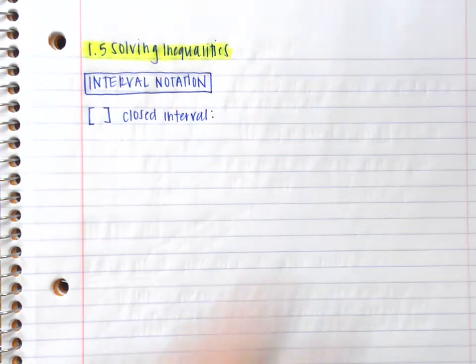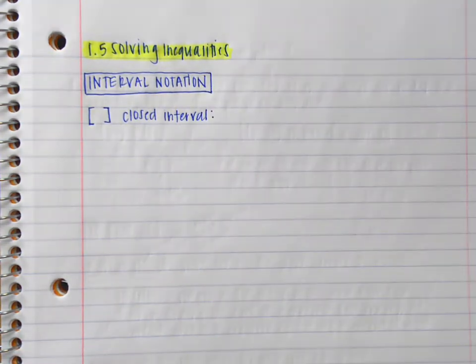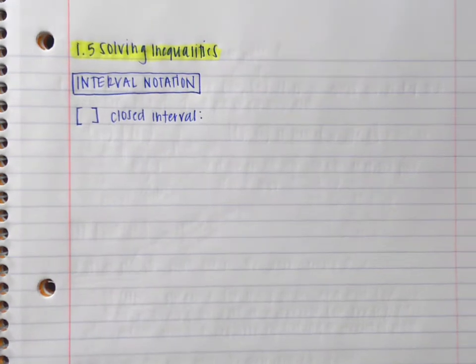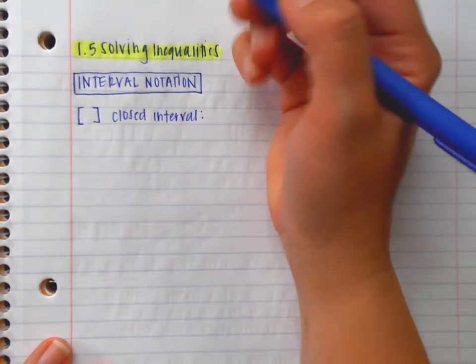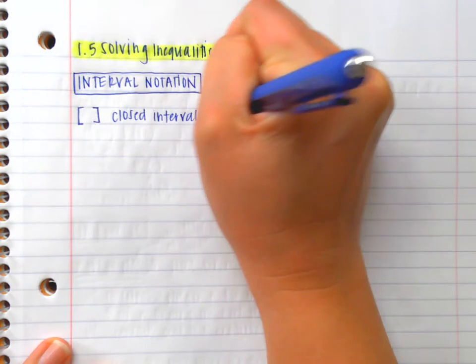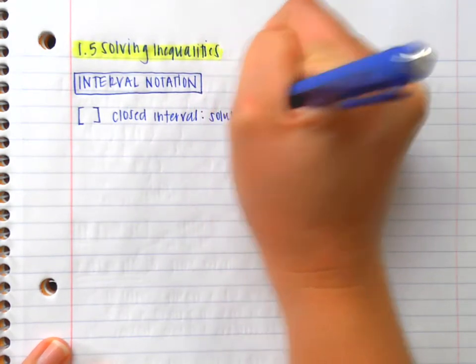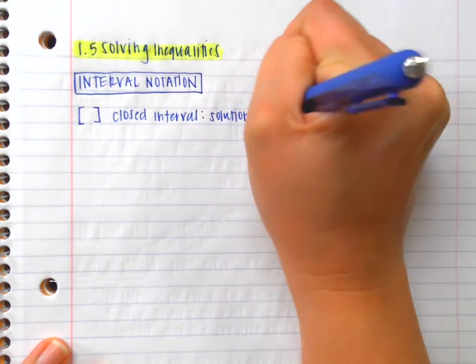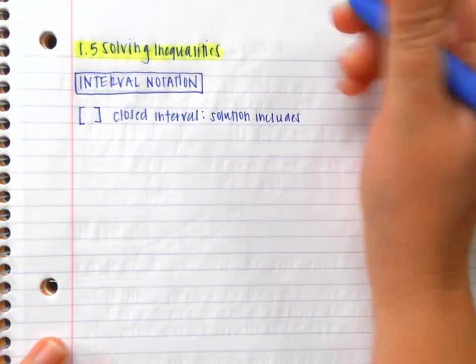And what that means in layman's terms is that the solution includes the starting number. So closed interval means the solution includes the starting number.